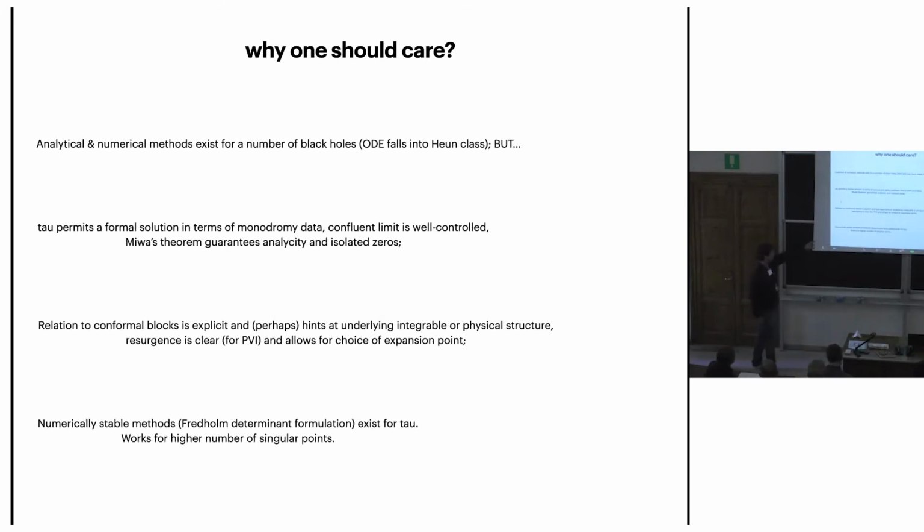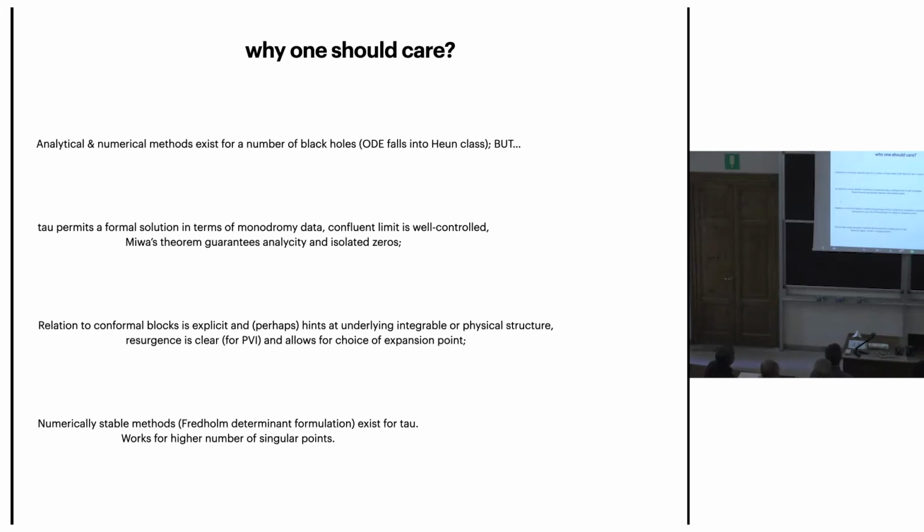This is one of the nice things about the Painlevé VI tau function. I told you before, you have a way to know how the action of the braid group is implemented in Painlevé VI. You also have alternative ways to think about these for Painlevé V and III, which are the ones that show up here. And for Painlevé VI in particular, this allows for the choice of expansion point.